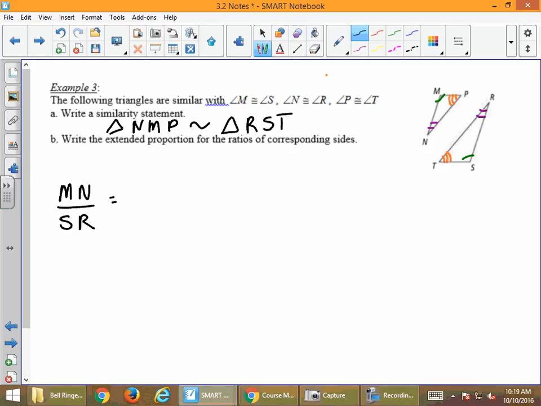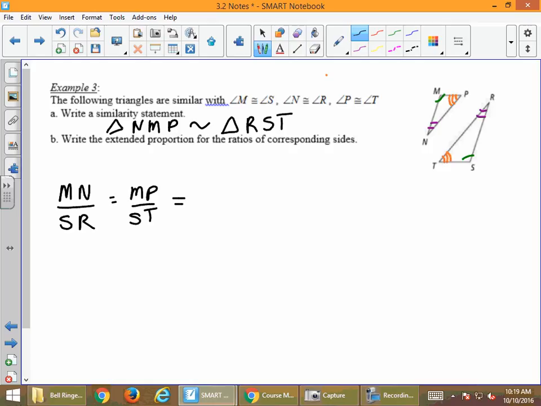We used that small triangle first, so what do we have to use again first? The small triangle. You can't change it. So we use MN. What other side do we want to use? MP. So we went from green to orange. So what side matches up with MP? ST. That has to go on the bottom.